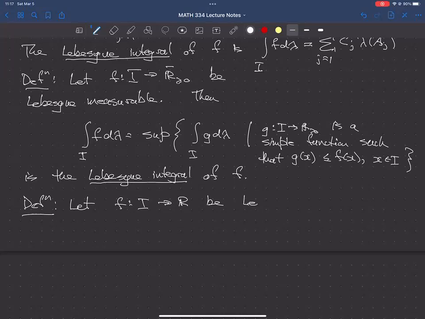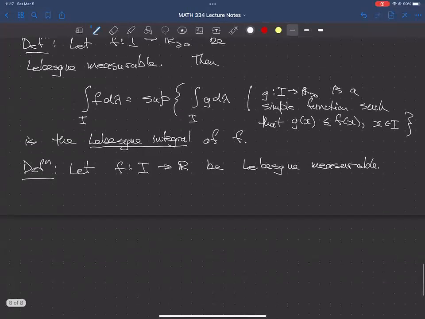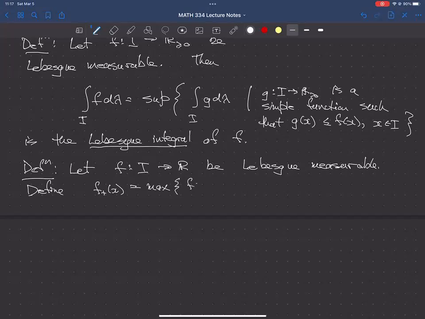So we start with a measurable f, and define, just the way I did before, f plus of x to be the max of f of x and 0. So when f of x is positive, it's f of x, and when f of x is negative, it's 0.